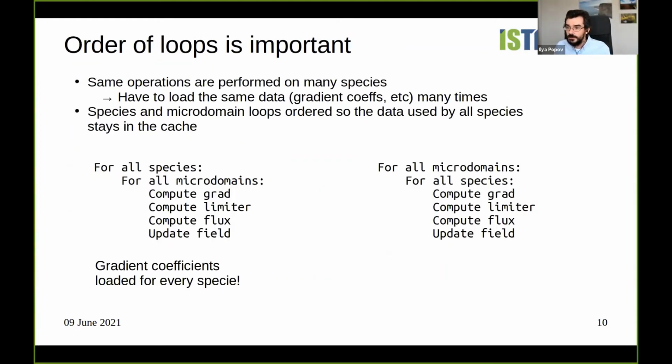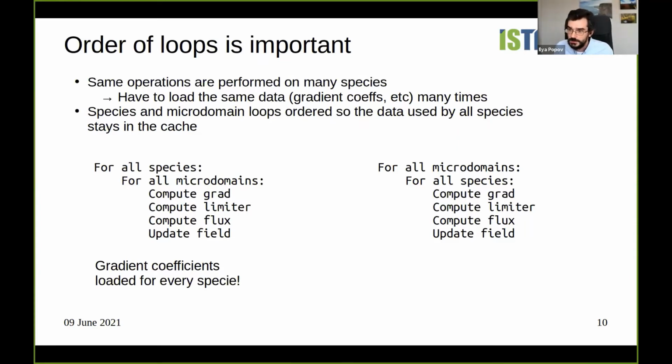Another interesting technique is swapping the loops. Performance actually depends quite a lot on the order of loops. So for example, here are two options. One is an outer loop for species and then an inner loop for microdomains, or an outer loop for microdomains and an inner loop for species.